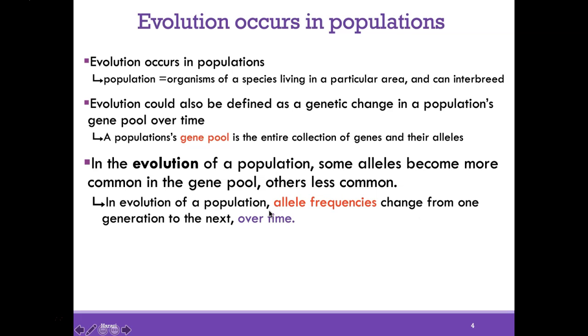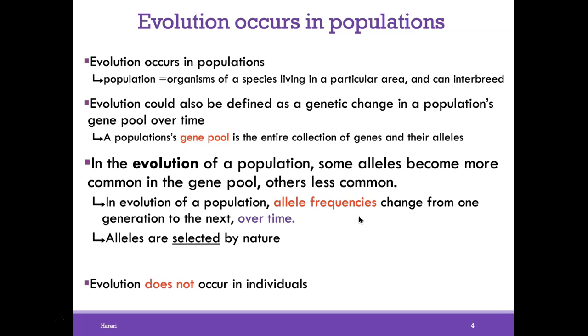I'm going to discuss allele frequencies a lot more, so don't worry too much about that. But in a population, if you have some alleles becoming more common and others becoming less common, that's evolution right there. What determines which alleles will be more common or less common is the environment. We know nature selects which alleles are best kept in the gene pool given a certain environment. That's natural selection, as we'll talk a lot more about later.